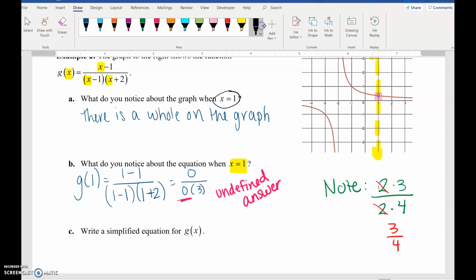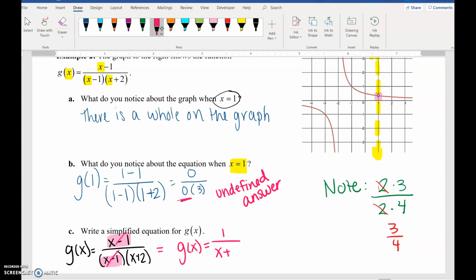So right now our function looks like g of x equals x minus 1 all over x minus 1, x plus 2. Right here, these two are the same, x minus 1 and x minus 1. So when they divide each other, they're just equal to 1. So we don't actually need them there. So simplified, g of x is actually equal to 1 over x plus 2.